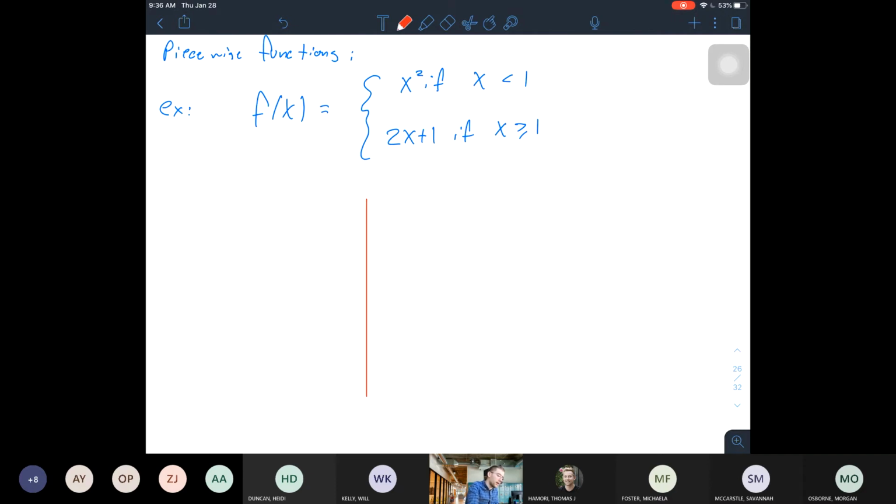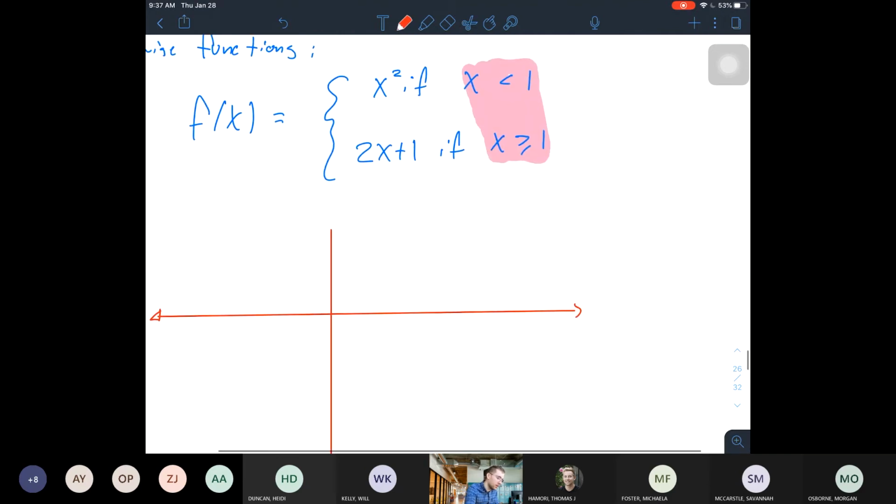We just want to do the following. Let's make our coordinate plane. And the number one thing we're going to do is find where our function switches rules, at x equals positive 1. So that's what I'm going to immediately put on the graph. I'm going to put 1 on here right away.